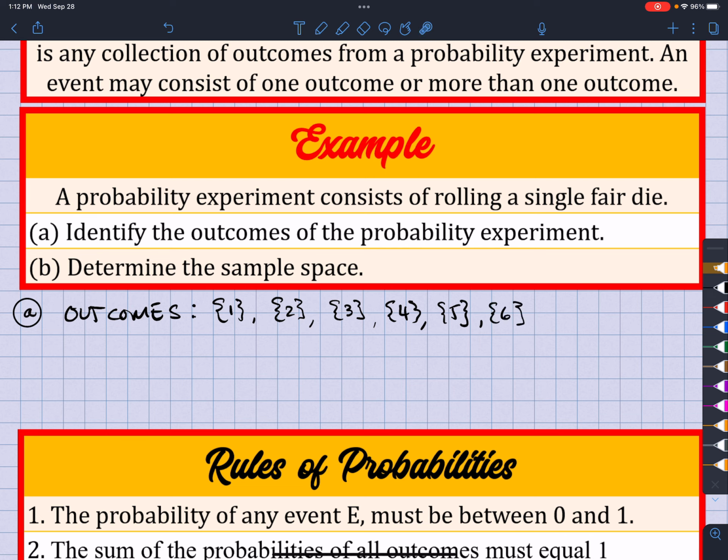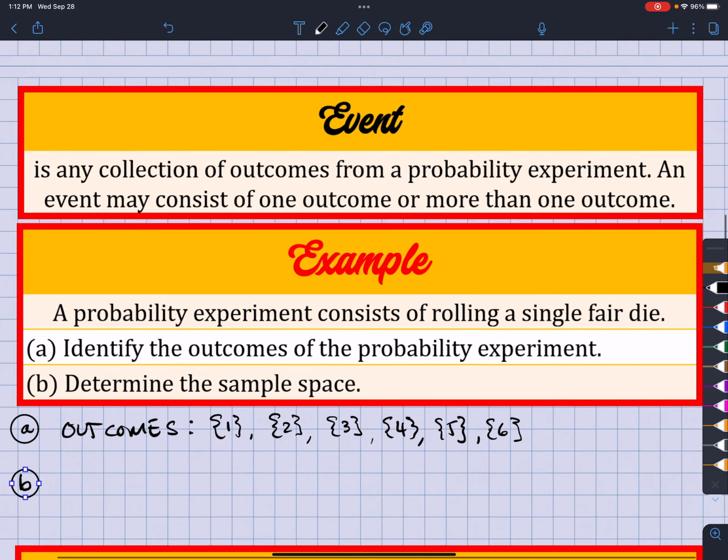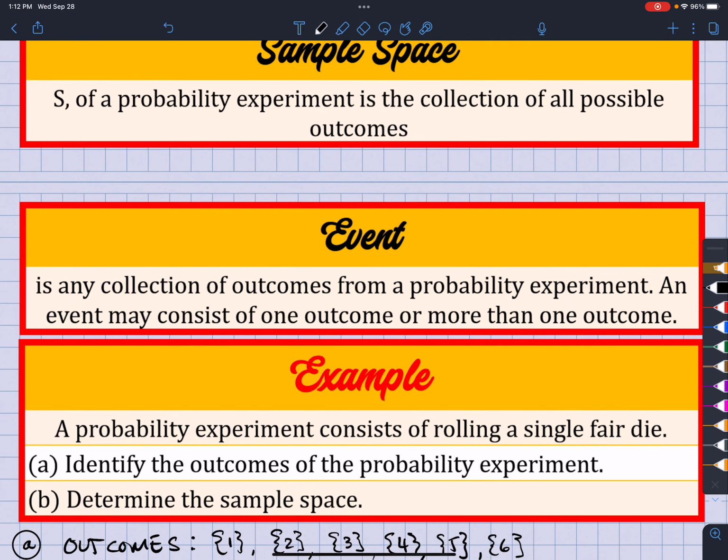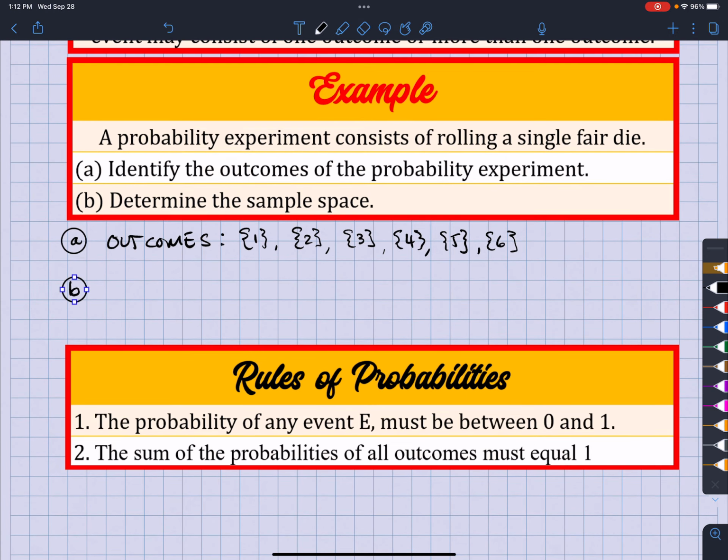So those are all the possible outcomes. And now it says determine the sample space. Well, the sample space is all the collections, right? So for B, my sample space S is equal to 1 or 2 or 3 or 4 or 5 or 6.